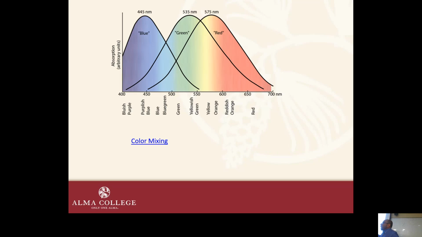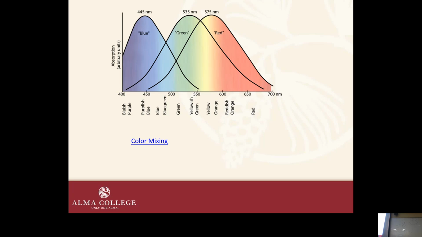Now, each photoreceptor is going to be excited by a particular wavelength. And there are colors, for example yellow, that we don't have a photoreceptor for. So if we want to perceive yellow, the two photoreceptors, the green and the red, are going to be excited at the same time.